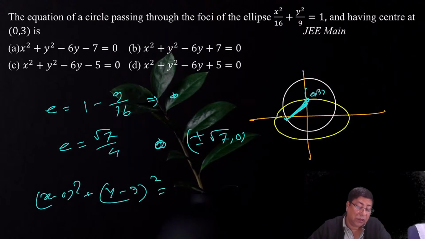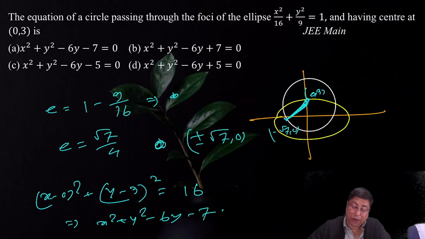Radius square is the distance between the center and the focus (minus root 7, 0), so this is root 7 square plus 3 square, 9 plus 7, that is 16. If we open, x square plus y square minus 6y minus 7 equals 0. The sum is over.